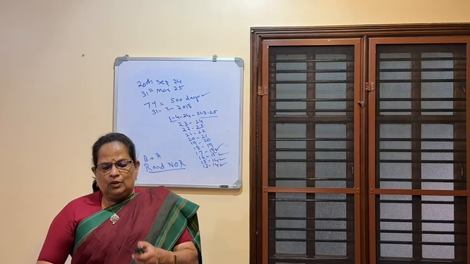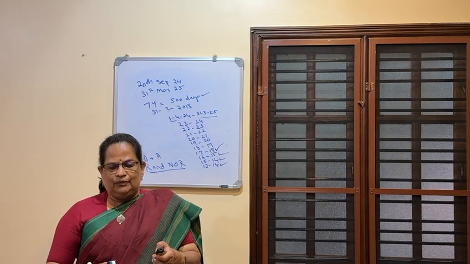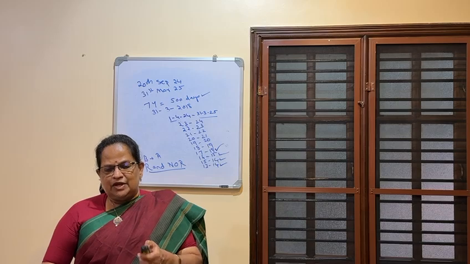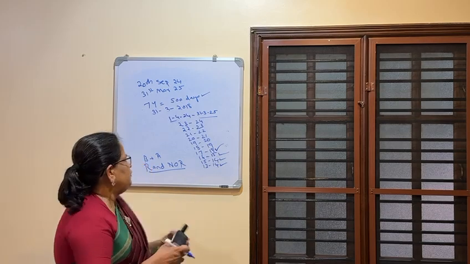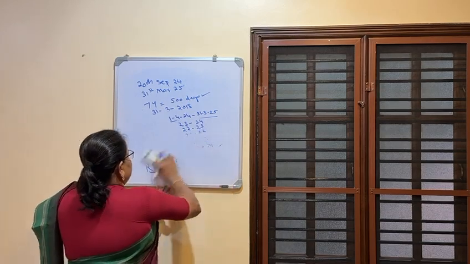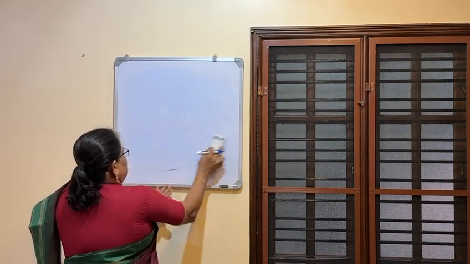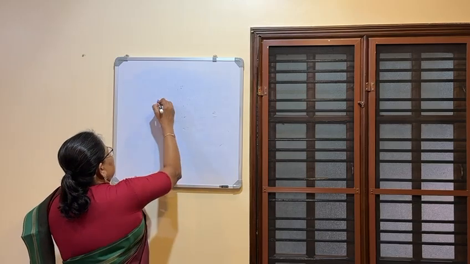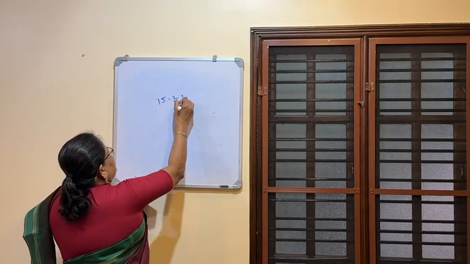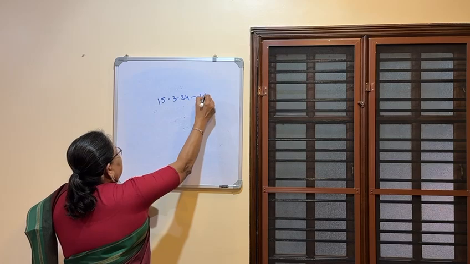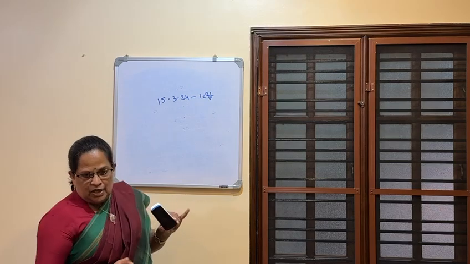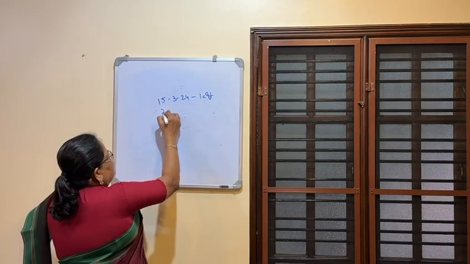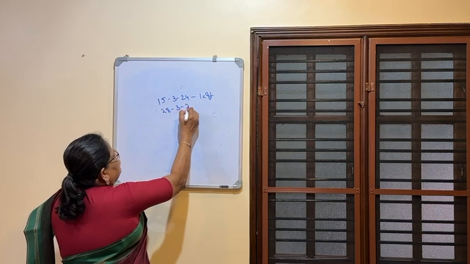Now, one more problem I will tell you. Mr. A, an engineer, went to the UK on 15th March 24. On 15/3/24 he left India, and he came back on 28th March 25, 28/3/25.